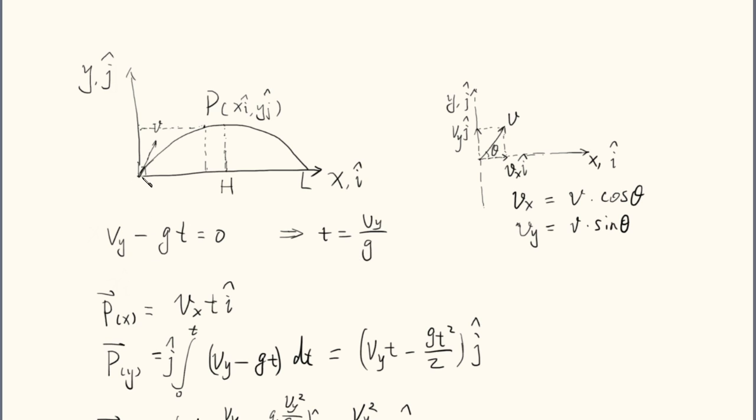And the object position, the position x on the horizontal direction, is Vx, the steady speed on the horizon, times t times unit vector i.